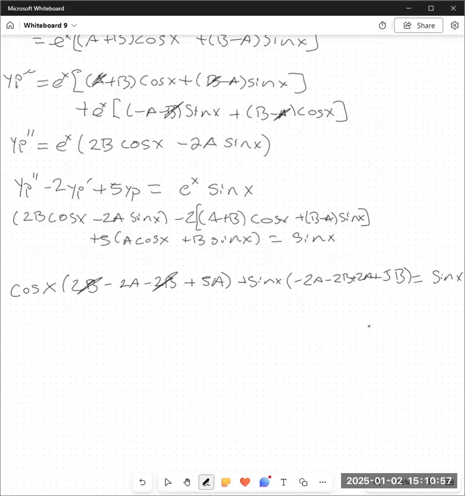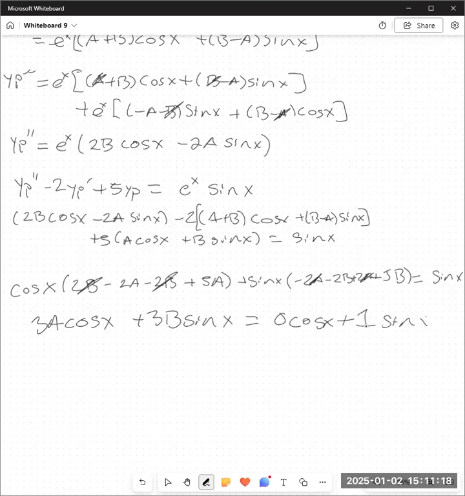Negative 2a plus 5a, that's 3a cosine of x. And we have negative 2a and 2a cancel. 5 minus 2b is 3b sine x equals 0 cosine x plus 1 sine x.